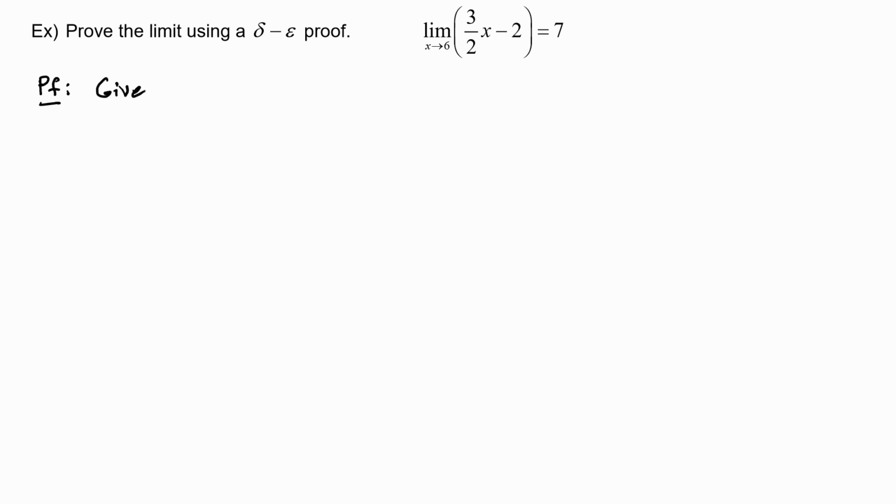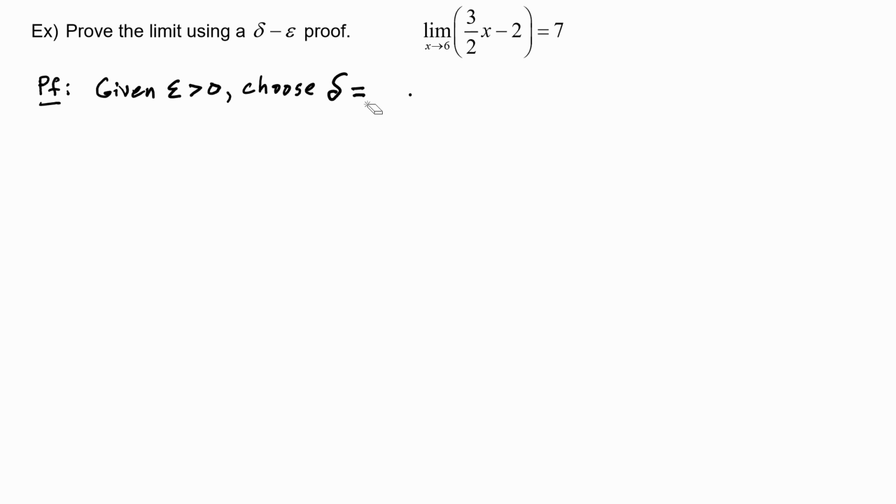Given epsilon greater than 0, choose delta equals. Now at this point, we don't actually know what delta is going to equal. So we'll leave that blank right here for just a couple of minutes. But you must have given epsilon greater than 0, comma, choose delta equals.